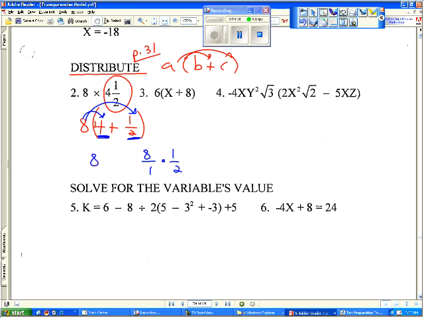You can just write them as whole numbers. We do 8 times 4, which is 32. 1/2 times 8. You cross-reduce to a 4, so we get a 4. This yields a positive answer, and so we put a plus to separate our terms, and then 32 plus 4 is 36.